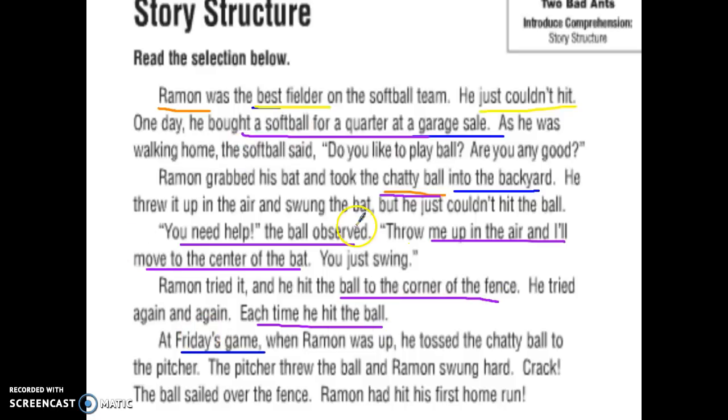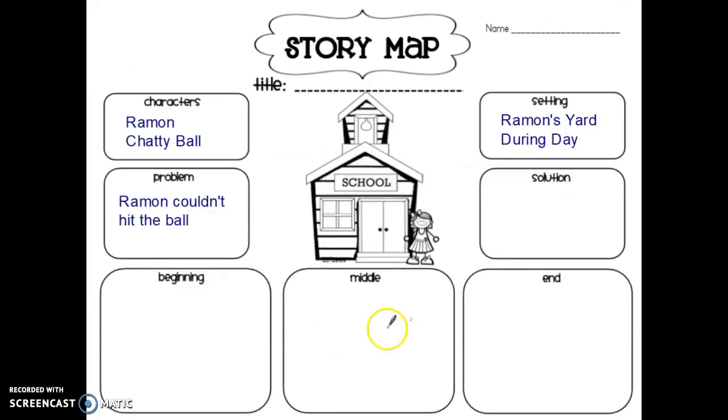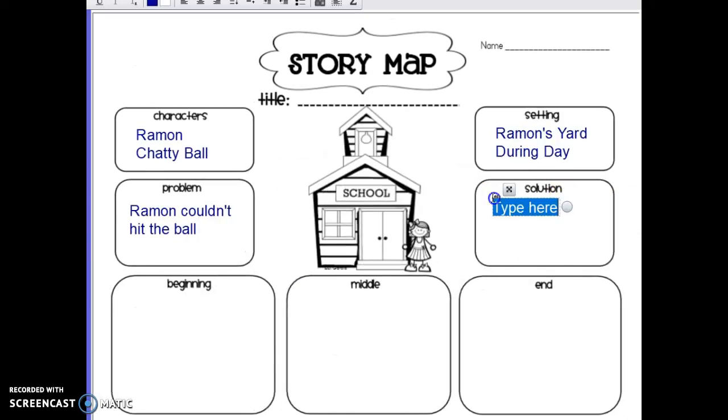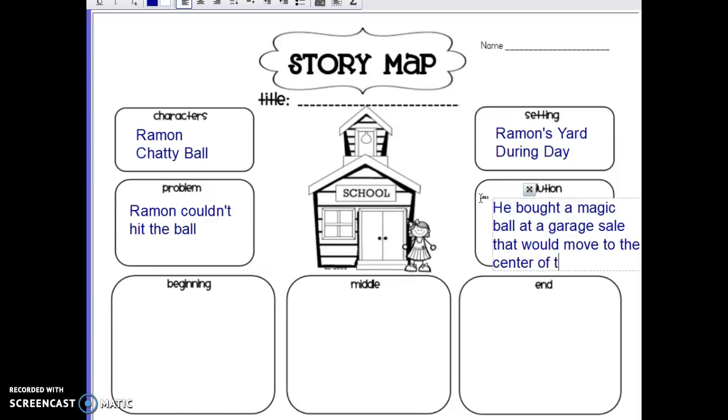So we see the solution to Raymond's problem is that he found, or he bought, I guess we should say, a magic ball at a garage sale that would move to the center of the bat when he was trying to hit.